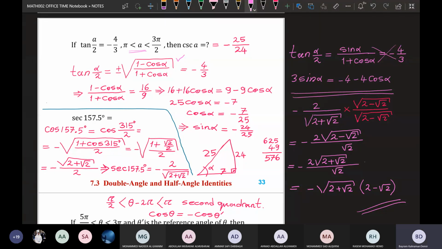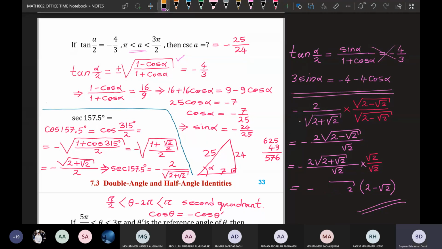So now let's multiply with root 2 only, huh? Shabab, this looks much better.